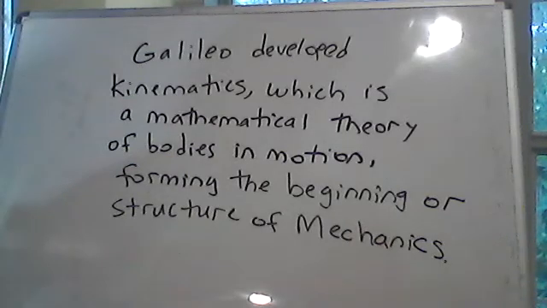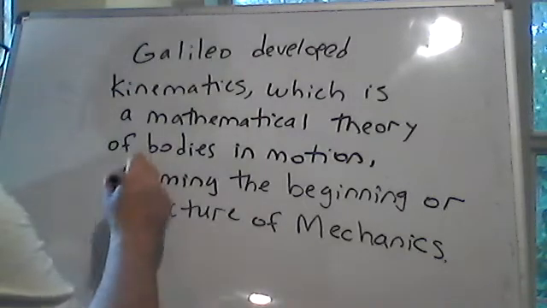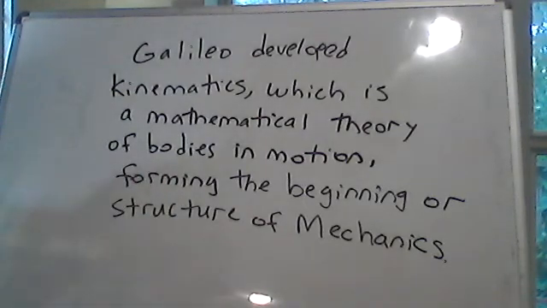Now, I said kinematics was the study of bodies in motion without regard to why the motion. Well, it's not like Galileo wasn't concerned with why the motion. It's just he didn't know. He didn't understand. We did not know about laws of physics until Isaac Newton came about and explained the laws of physics. What Galileo did was he performed experiments to see how bodies actually moved. That is what we're going to talk about in Chapter 2 and Chapter 3.